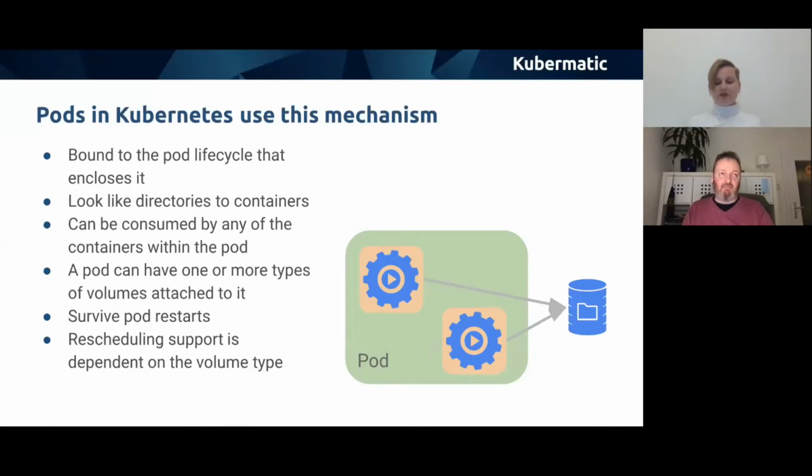You can share one volume between many containers or many applications inside of a pod. You can consume this shared volume in any container within a pod. As you know, pods can have one, but even more containers inside.